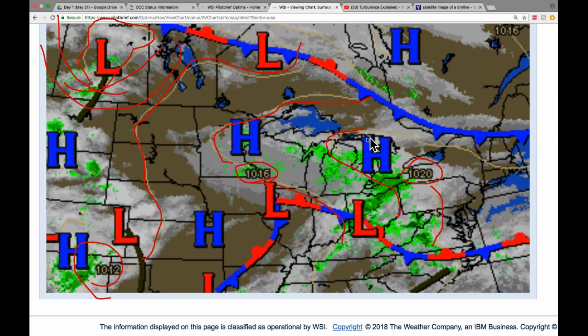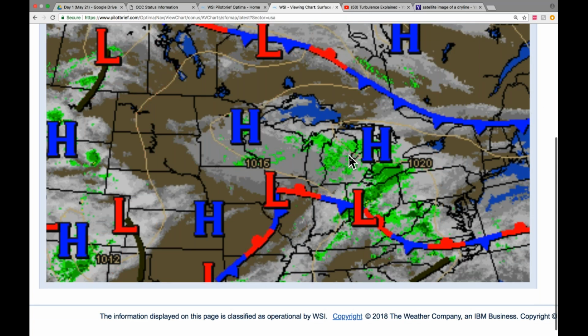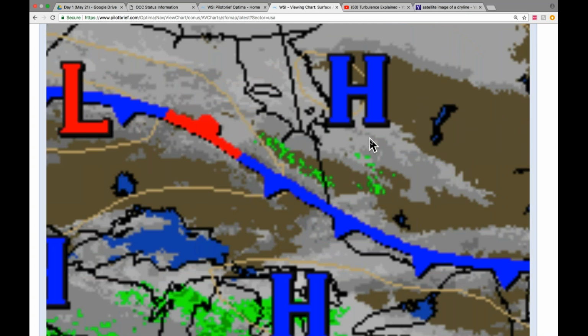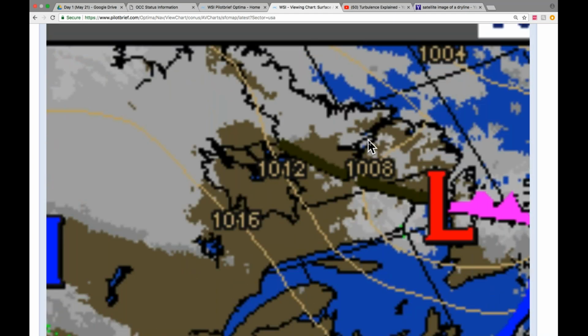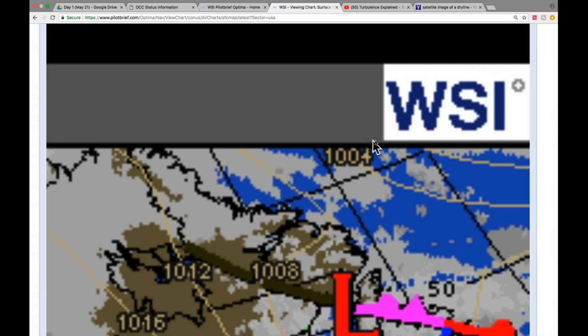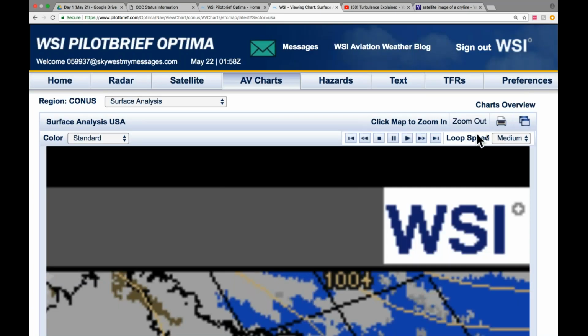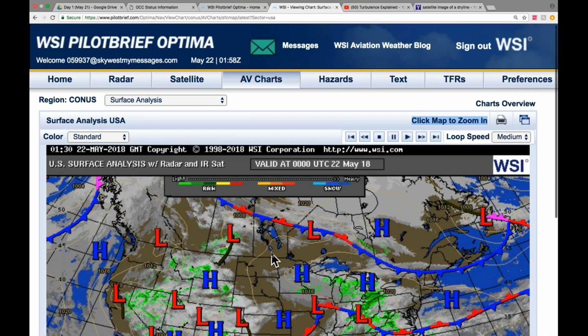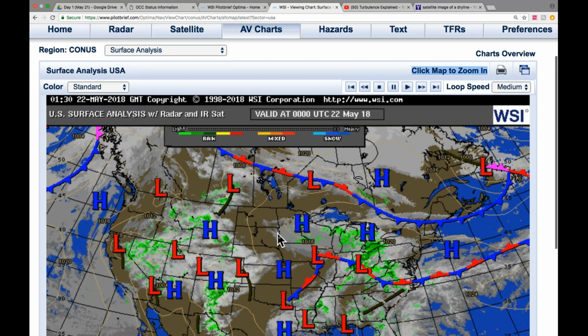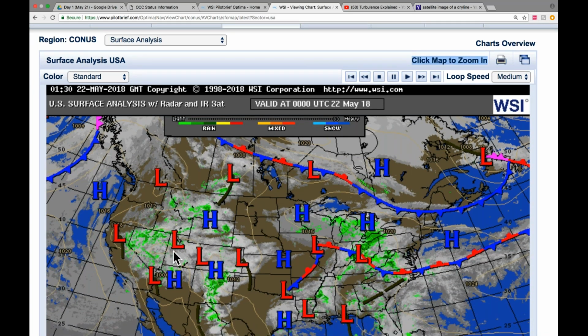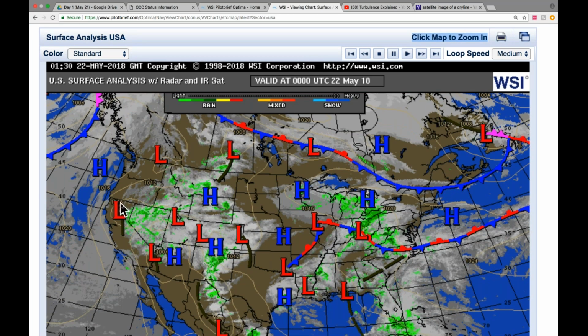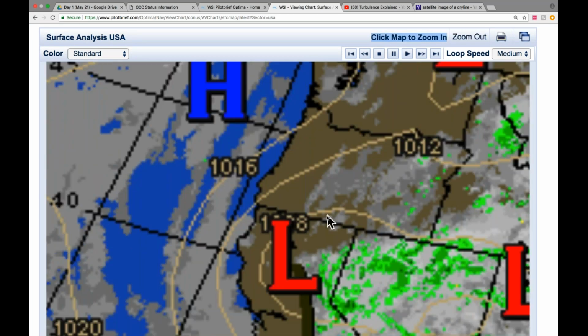Whereas a low pressure, let's zoom in over here. Okay. You can see that around a low pressure, we have a much more rapid change in our pressure.